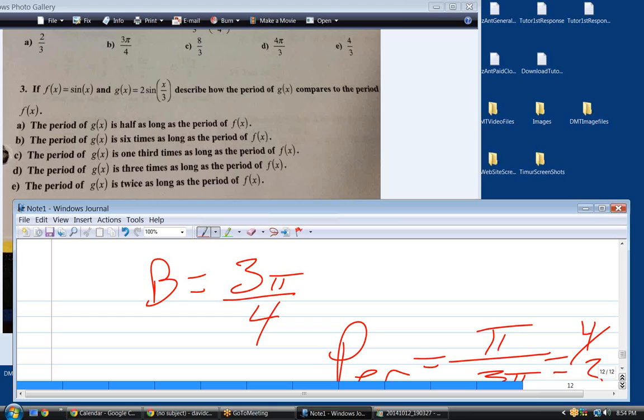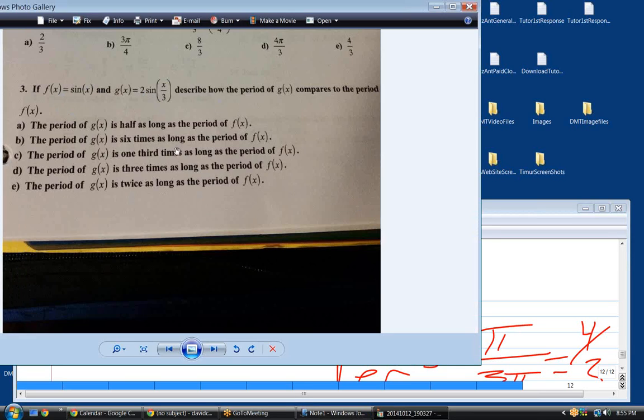I believe that the answer is D. Yeah, it's 3 times as long because B is 1/3. So if we were going to figure out the period, it would come out to be 6 pi. And we know the period of that is 2 pi. Okay.